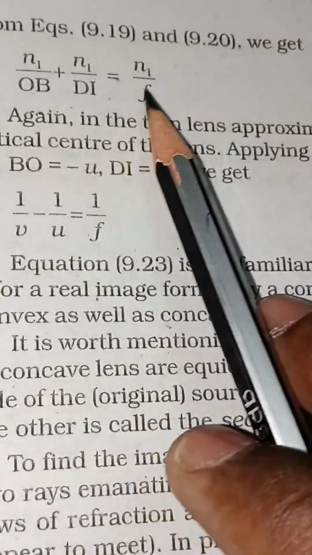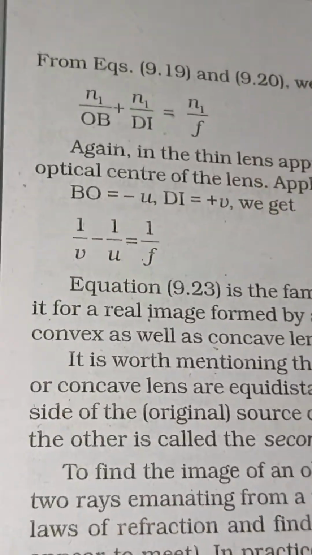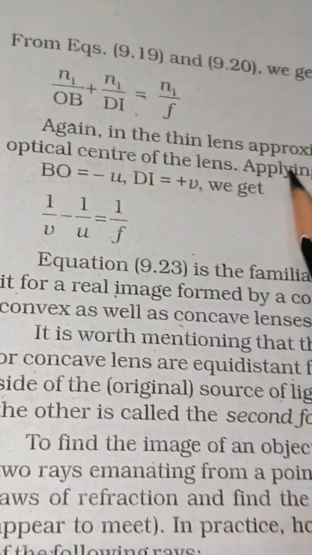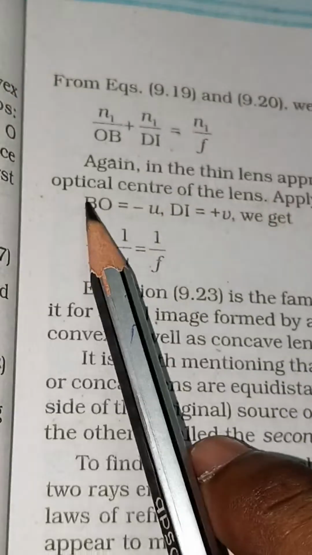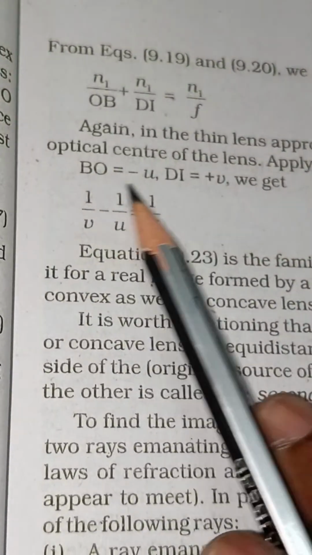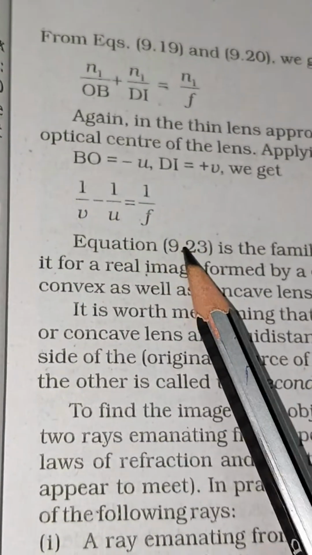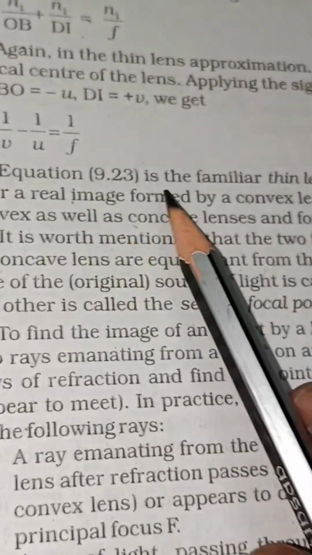Now n1 upon DO plus n1 upon DI equals n1 upon f. In the thin lens approximation, B and D are both close to the optical center of the lens. Applying the sign convention, DO is equal to minus u and DI is equal to plus v. So 1 upon v minus 1 upon u is equal to 1 upon f, equation 9.23.